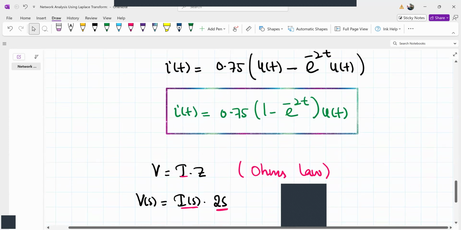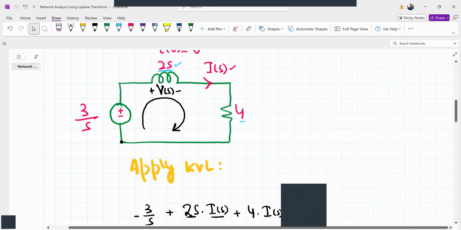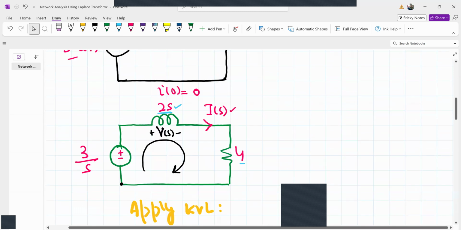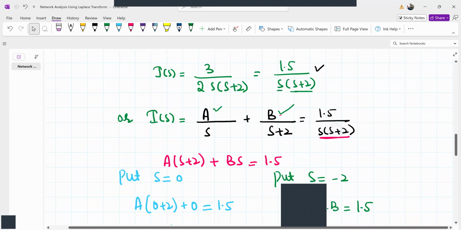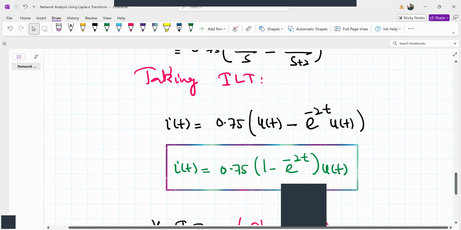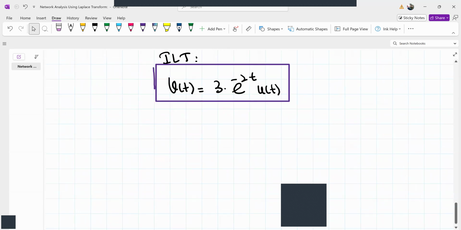We could have also used this equation directly to find V of t. How? We know the voltage V of t in an inductor is related to I of t. Since I of t is already found here, we can directly use this. We know the relationship between voltage and current in the time domain.